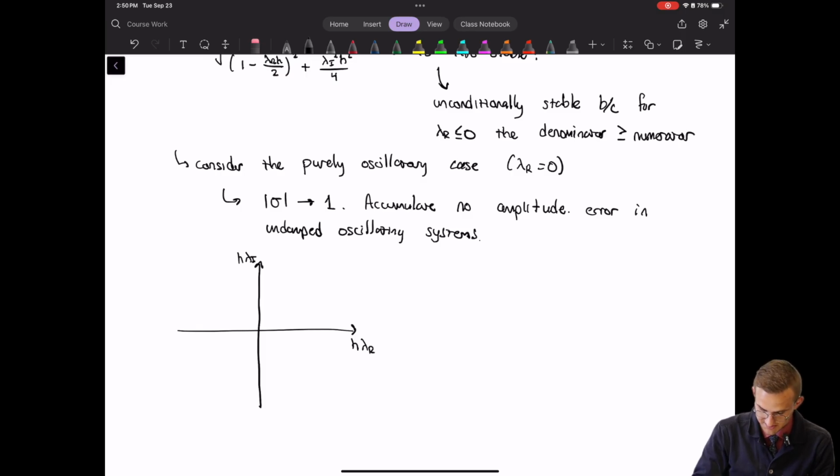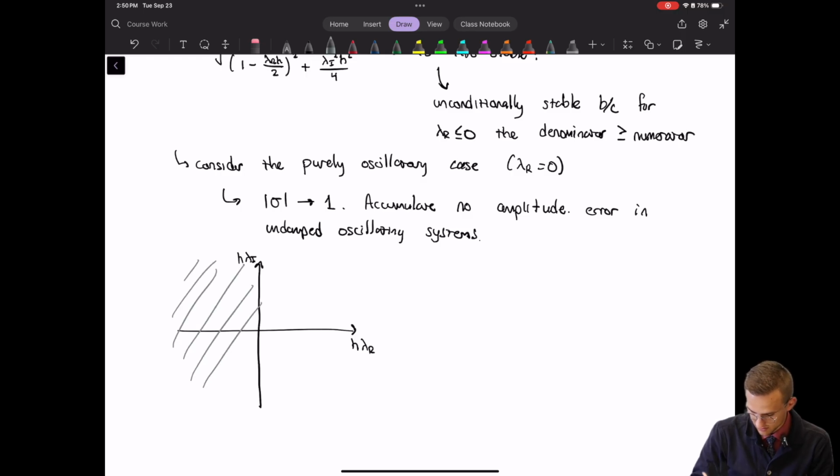Okay, and so the stability diagram looks like this, where the entire left-hand plane for lambda r less than 0 is all stable, so it's an unconditionally stable system, but also right on that lambda r equals 0 axis, for all of that you have sigma equal to 1.